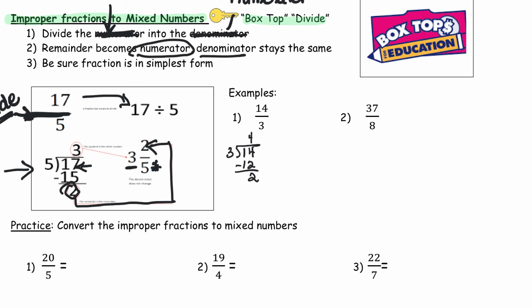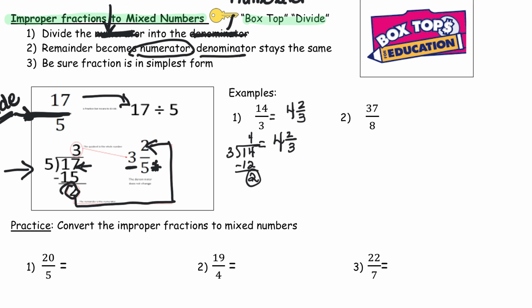Subtract, and we have 2. So our remainder is 2. So it becomes 4, and 2 is my remainder, that's my numerator, and my original denominator stays the same, 3. So 14/3 is equal to 4 2/3.